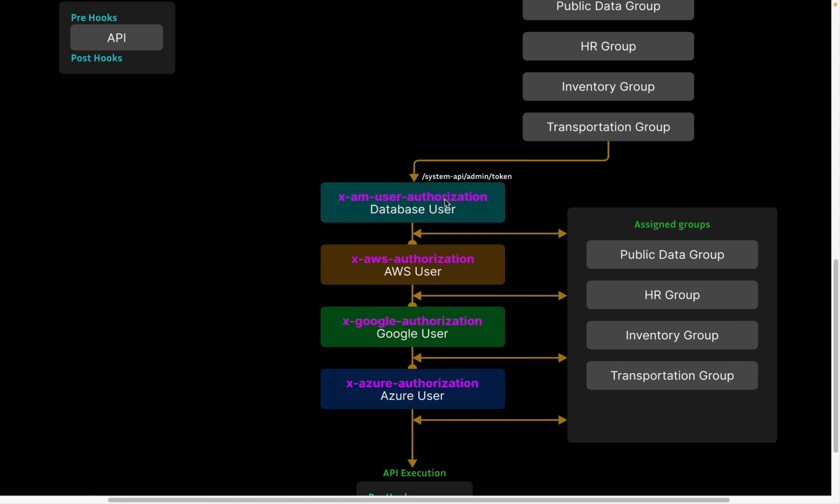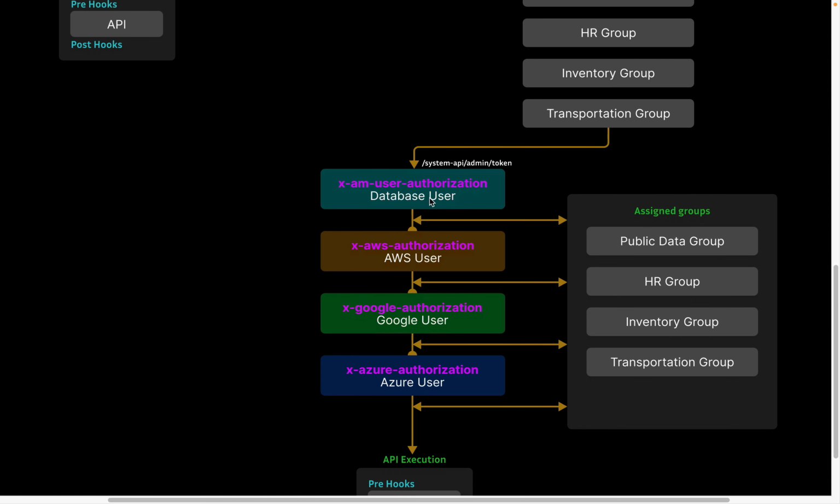the X-AM-User-Authorization token is required. When this token is provided, API Maker will open that token, and if it is able to open the token, that means it is a valid token. And if group related information is provided, API Maker will find assigned groups to that user, and if any of these groups has permission to hit the API, API Maker will allow to hit that API and it will further check for other authorizations.